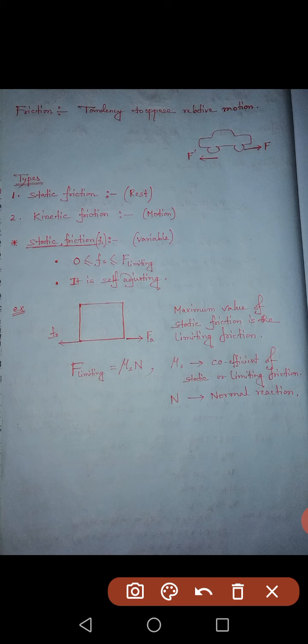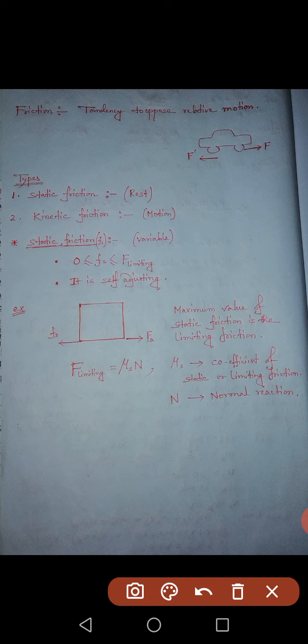So it is adjusting itself. That is why static friction is a self-adjusting force, or self-adjusting in nature. Now, for static friction, this point I have written here: the maximum value of static friction is the limiting friction. I already told you about it.